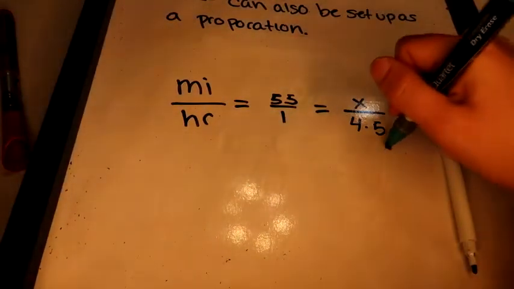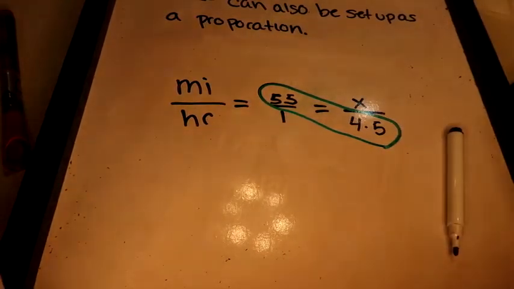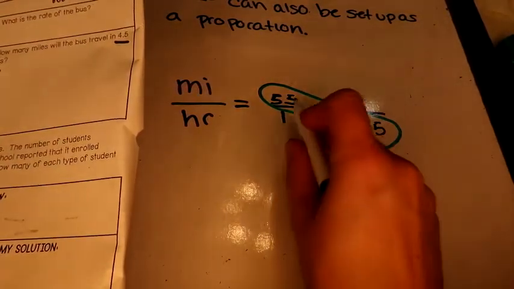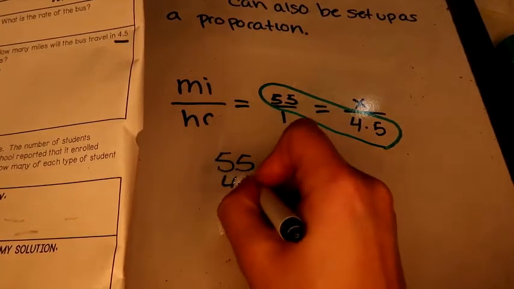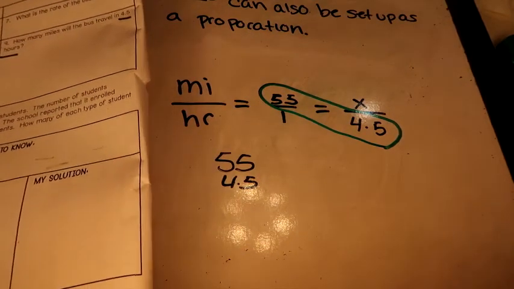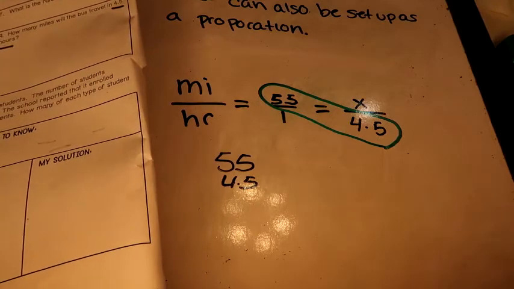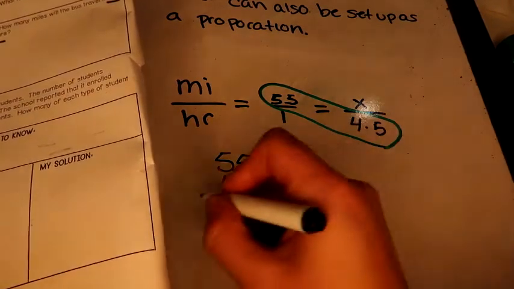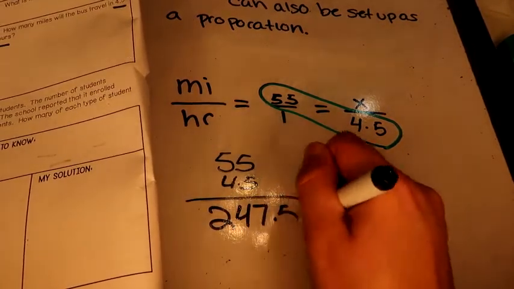Again, we're going to cross multiply the numbers that are across from each other. Okay, so numbers go with numbers. 55 times 4.5. And again, I'm just going to use my calculator, save some time, because Mrs. Neubauer can't do numbers in her head at this point. So it's going to be 247.5.